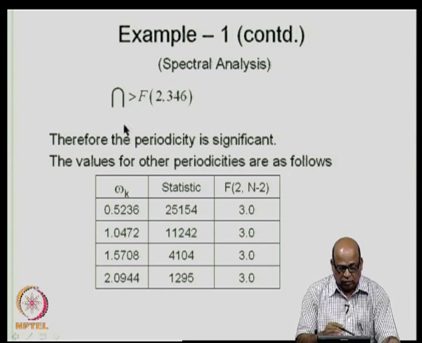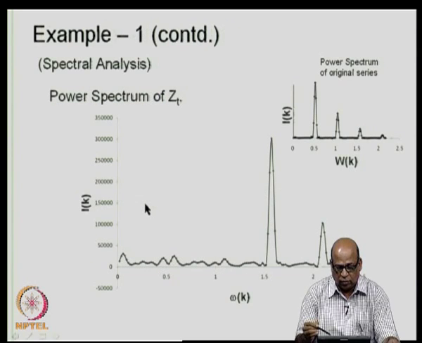So, the periodicity that we have just examined is statistically significant. Similarly, we do it for other periodicities. As you can see here, after the first peak you have a second peak corresponding to omega 2, and this value corresponding to omega 3, etcetera. So, these things also we examine one at a time.